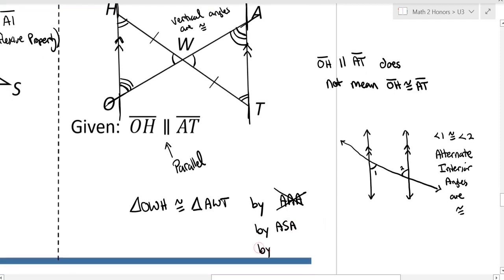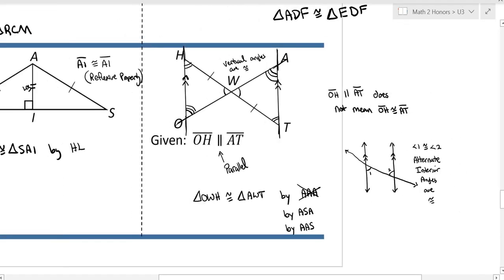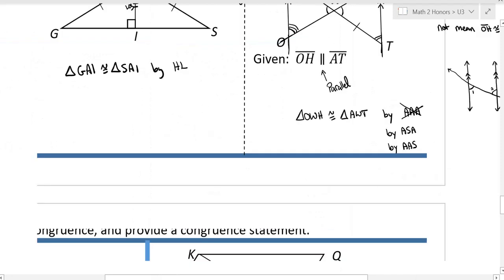Or we could say by angle, angle, side. So there's two possibilities. You don't need both. You just need to use one that works, a shortcut that works. And remember, angle, angle, angle does not work.